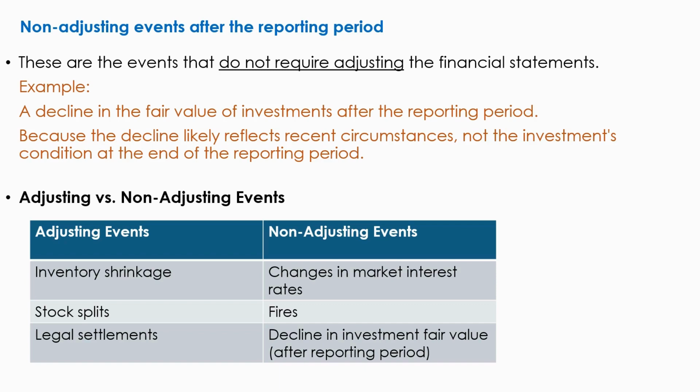Non-adjusting events, like a post-reporting period decline in investment value, don't necessitate adjustments to the financial statements. This is because the decline likely reflects recent market changes and not the inherent value of the investments at the reporting period's end. So here I have given the comparison and examples for adjusting and non-adjusting events.